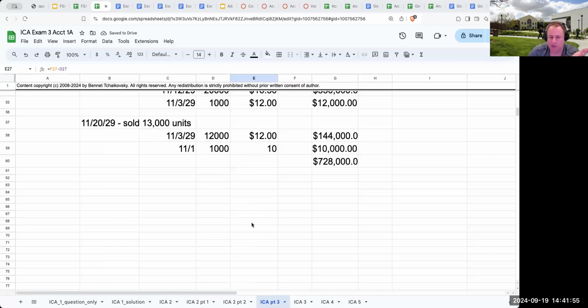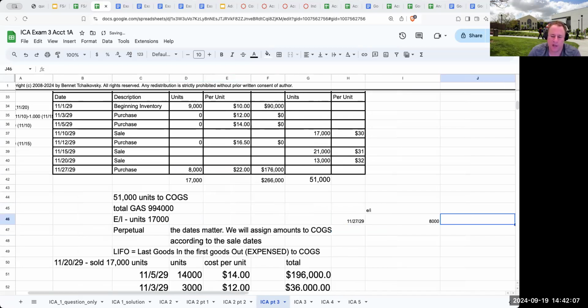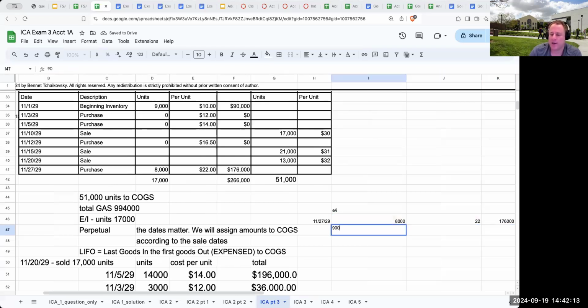Is there a way I can check my work? And the answer is yes. What was remaining in my ending inventory? Well, I had 8,000 units from 11/27/29, and this was at $22 each. I also had 9,000 units from my beginning inventory at $10 each.